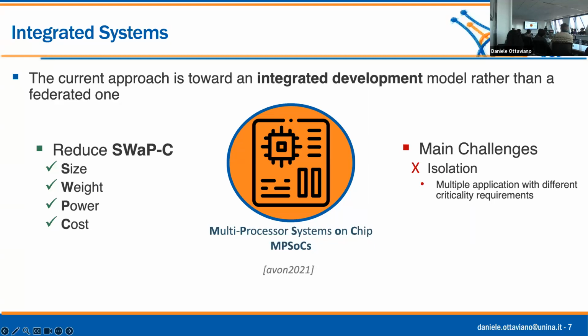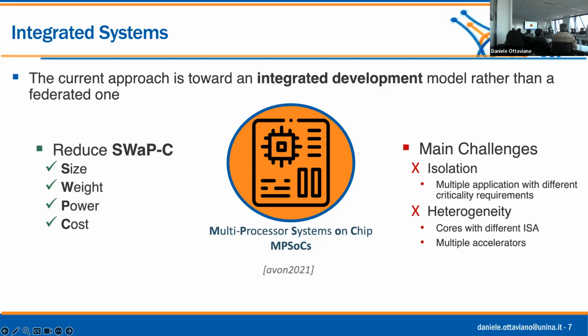If we have multiple applications, maybe with different criticality, on the same MPSoC, the execution timing behavior of an application can be corrupted or increased by other applications on the same system. And that's a problem. The other problem is the complexity of the heterogeneity of this multiprocessor system on chip, which presents, as I said, different kinds of processors with different instruction set architectures, and accelerators.